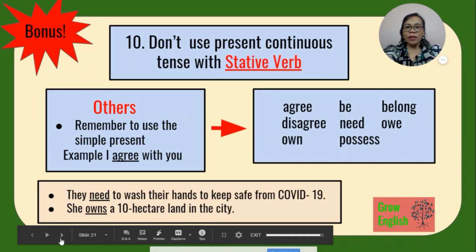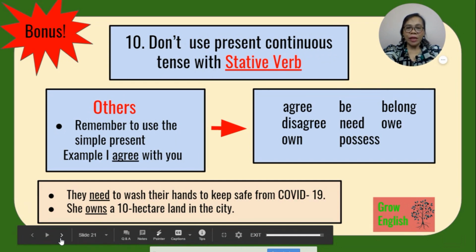Now, the next group has other kinds of verbs, such as agree, disagree, own, be, need, possess, belong, and owe. Please use the simple present for these stative verbs. I have examples here. I agree with you. Don't say I am agreeing with you, but use the simple present, because agree is a stative verb.